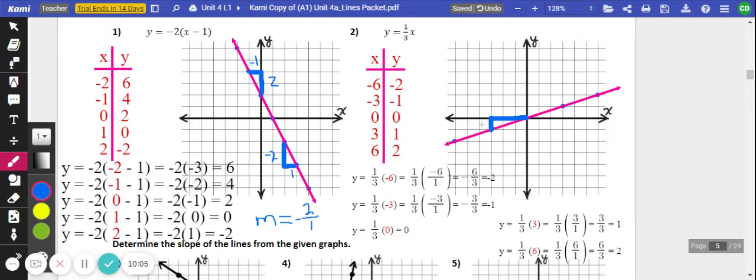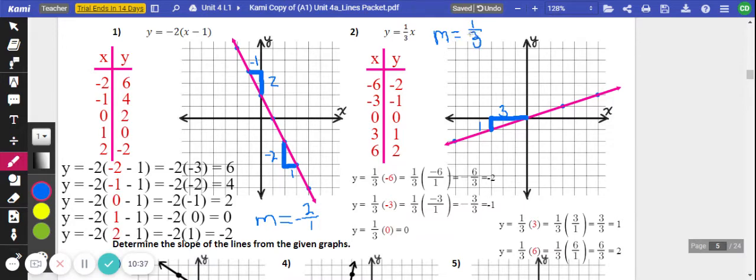So up is positive 1, and to the right is a positive 3. My slope is now going to be 1/3, my change in my y values over my change in my x values.